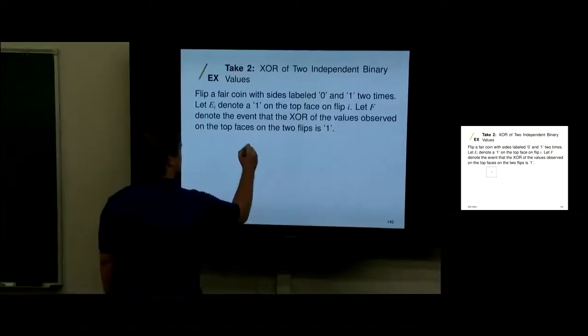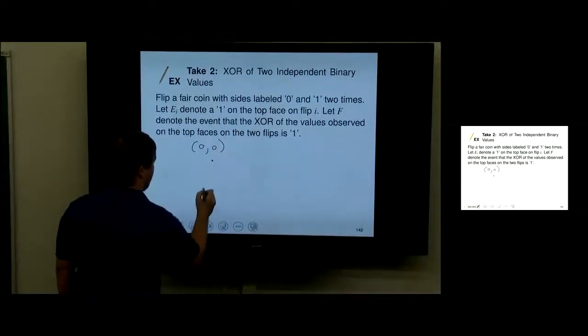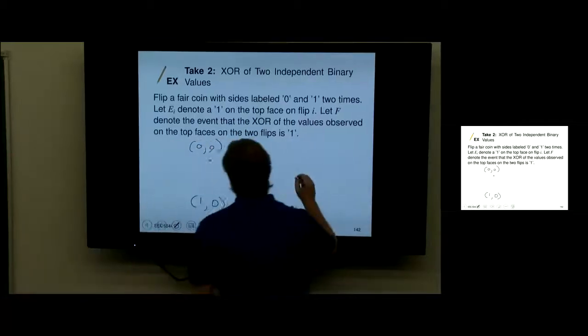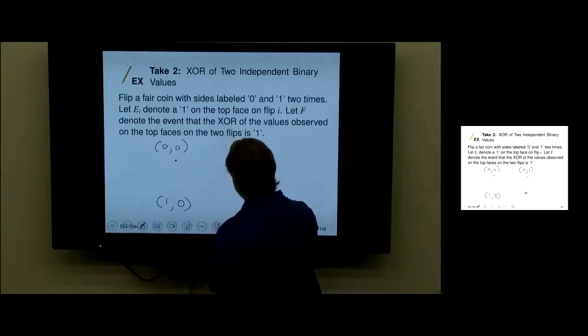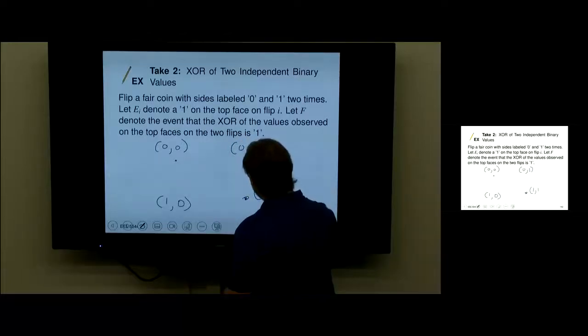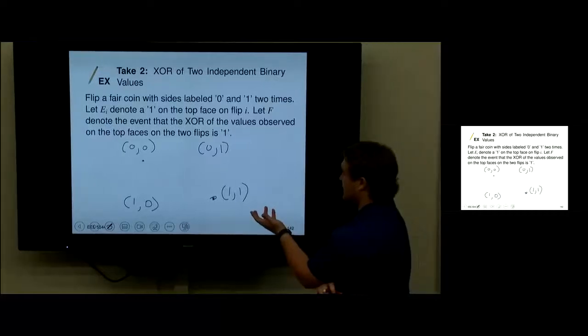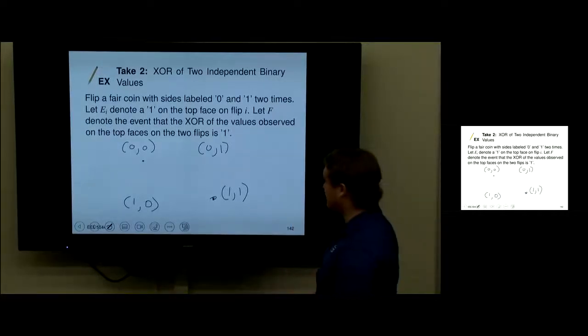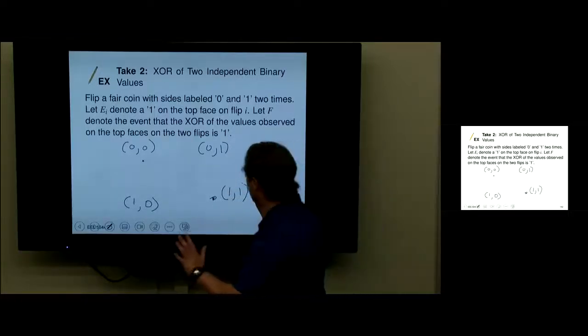So let's put all the outcomes as the corners of a square. Based on our events and how we define them, can anyone tell me where F is? Here, let me give you an example.